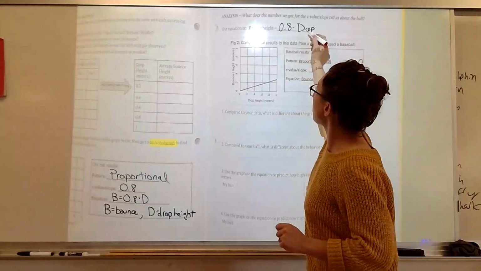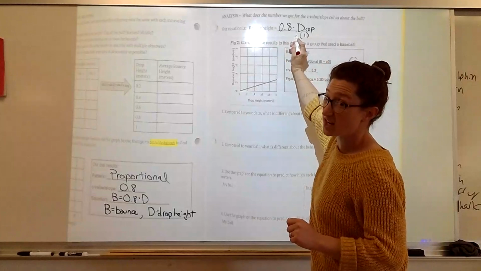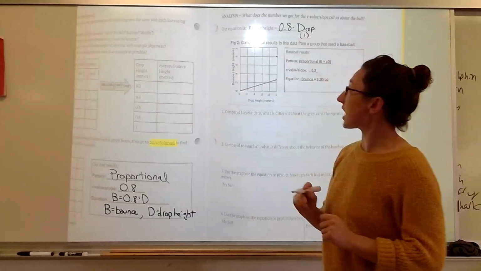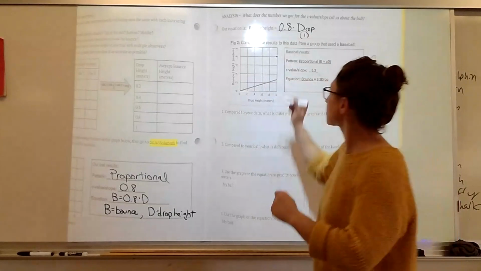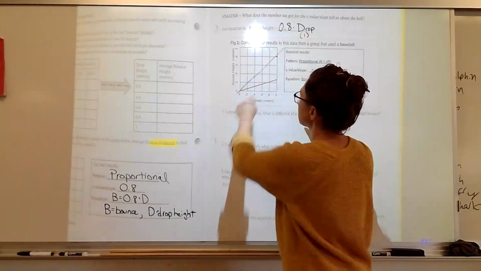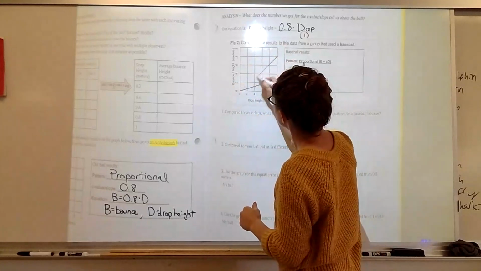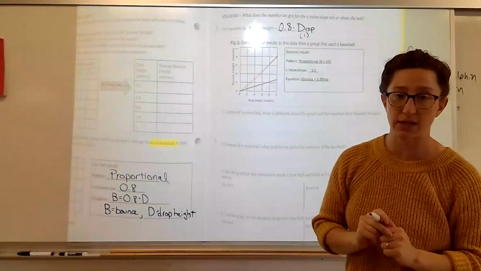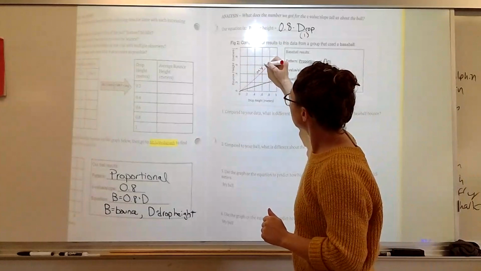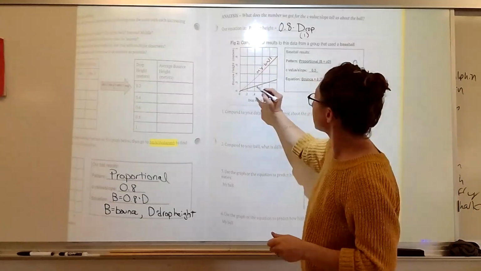If the drop height were equal to 1, then I would have 0.8 times 1. So I'm going to put a little dot at 1, and then roughly draw a straight line going through 0.8. This one is my ball. And this one is the baseball.